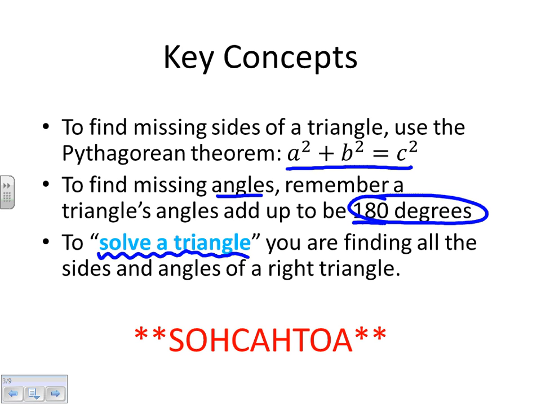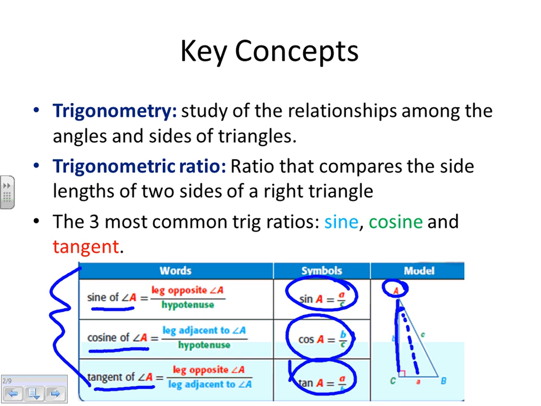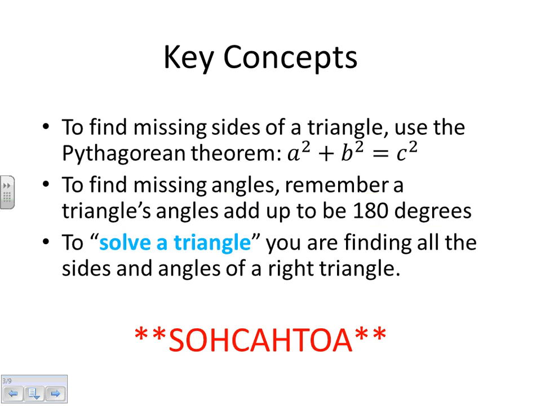And then finally, there's this kind of weird word down here, these bunch of random letters. This is called SOHCAHTOA. And this is kind of a mnemonic device to remember this right here.